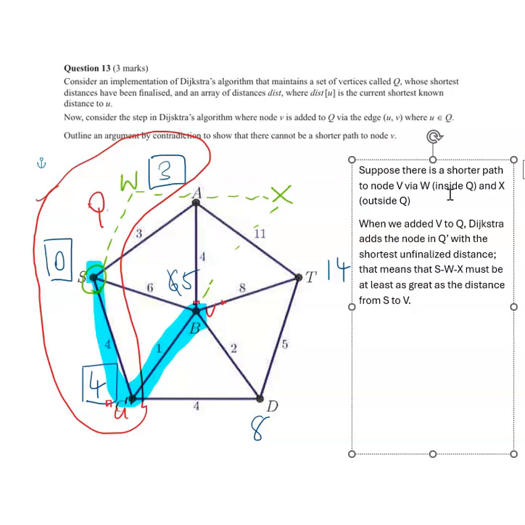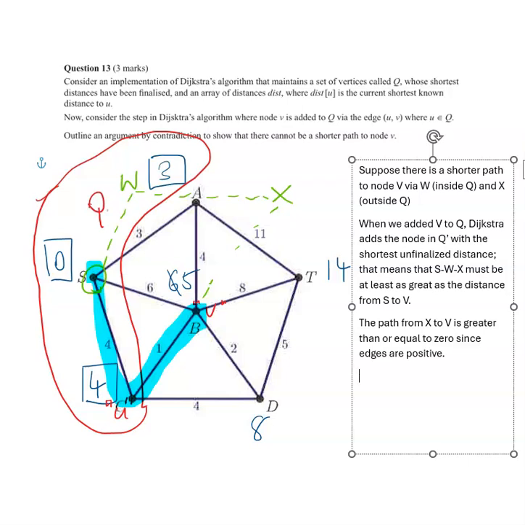So the distance must be at least as great if we go via this shortest path from S to X. And then we've got to consider the remainder from X to V. Well, we're assuming these are all non-negative edges, so then we know that is at least 0. So it's greater than or equal to 0. It's a bit of a mean one, but we know that Dijkstra only guarantees a solution when we have all positive edges, so it's not an unreasonable assumption to make.